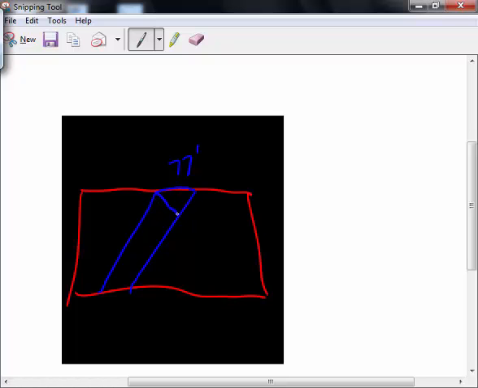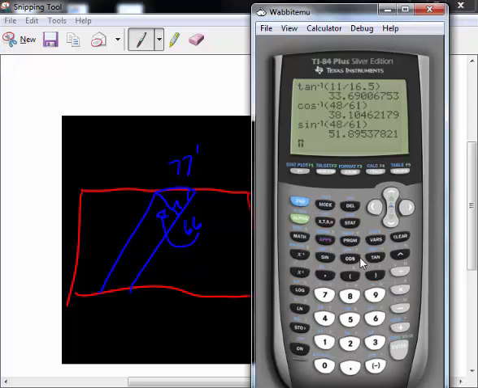Well, we know straight across the road is 66 feet. So we can figure out what this angle here is, because the sine of that angle is 66 divided by 77. So, second function sine, you're looking for the angle, 66 divided by 77 is about 60 degrees, 59 degrees.